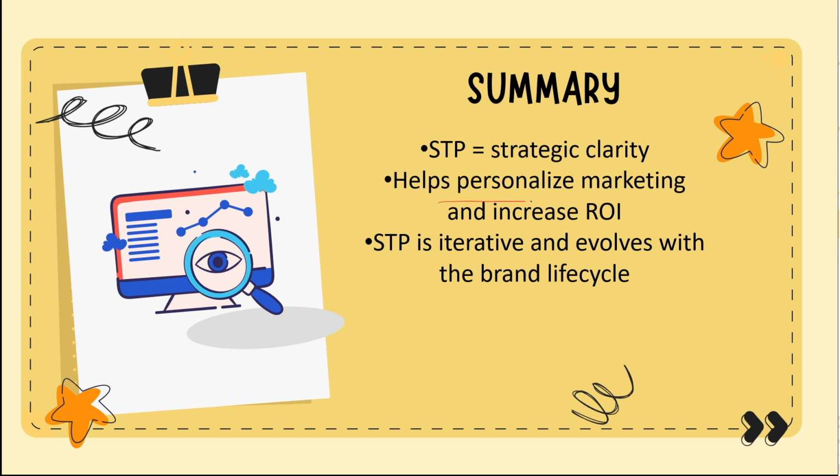It helps in personalized marketing and increases ROI because your efforts are focused. So, returns need to be more specific, more concrete, and more measurable with your focused effort. And STP is iterative and evolves with the brand life cycle. That is again a very crucial element which we need to understand.